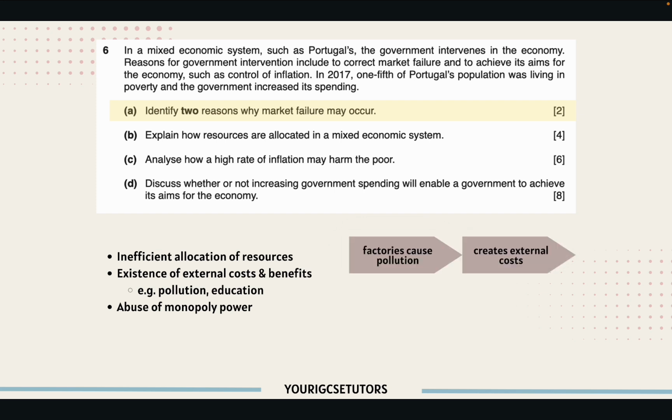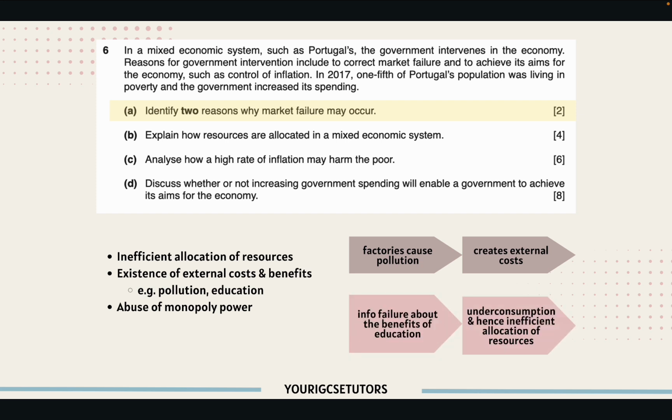For example, factories that produce pollution create external costs for which the consequences don't have to be dealt with by those who caused it. And the next example for external benefits could be education, where it's actually beneficial, but perhaps because of information failure and underconsumption, it leads to an inefficient allocation of resources.